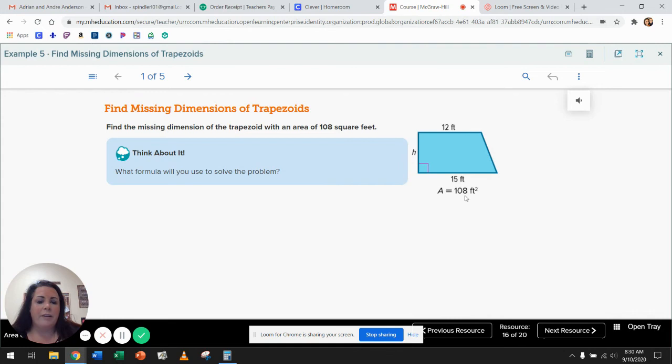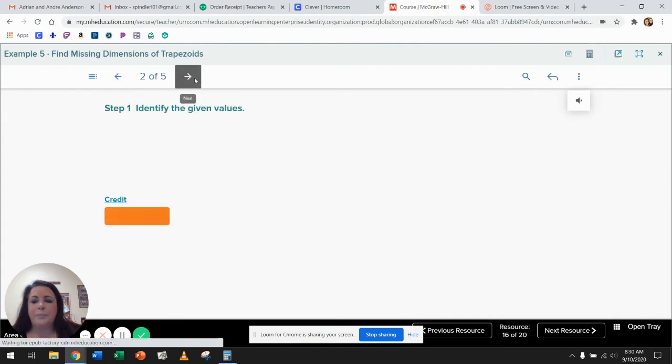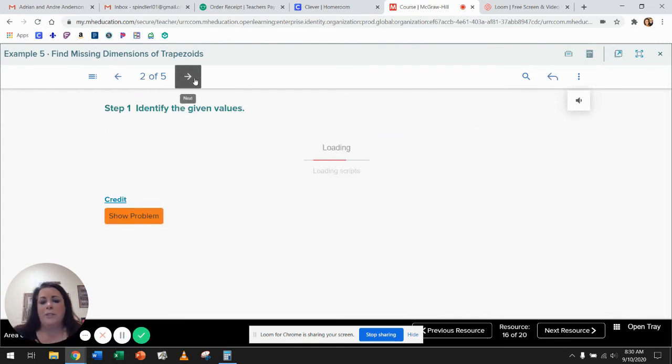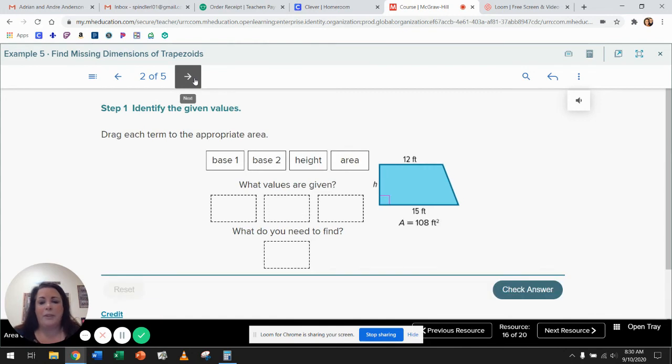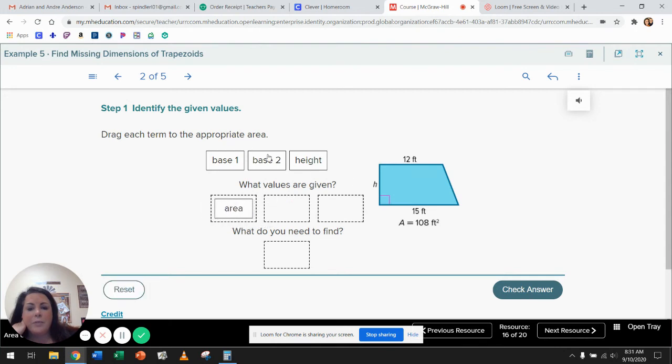So if we have an area of 108 feet squared, we're going to start with that number there. So we're going to drag each term, because we want to figure out what we know and what we need to find. So what do we know? We know the area. We know base 2 and base 1.